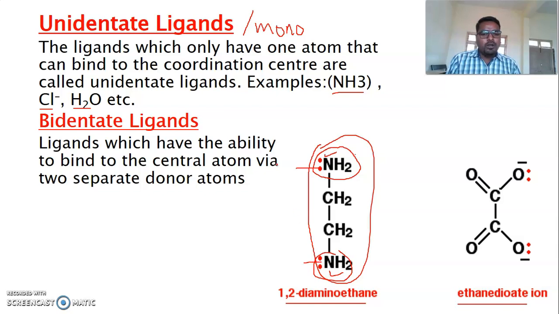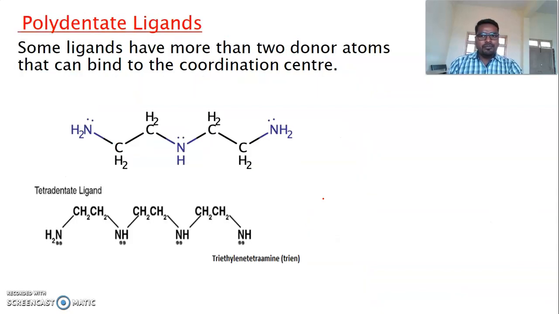Each nitrogen donates one pair of electrons and forms one single coordination bond each. So totally there are 2 coordination bonds formed by one molecule. That's why this is called a bidentate ligand.